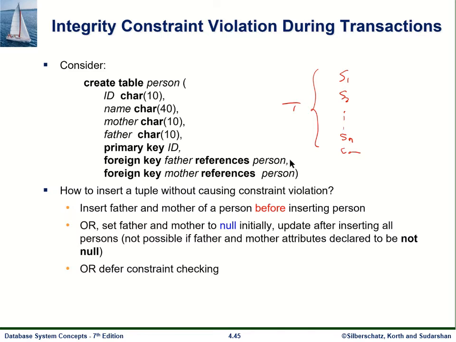This constraint will then be checked at the end of the transaction, rather than right away. Okay, this is about integrity constraint violation during transactions, that is, a list of statements as a whole to finish one task.